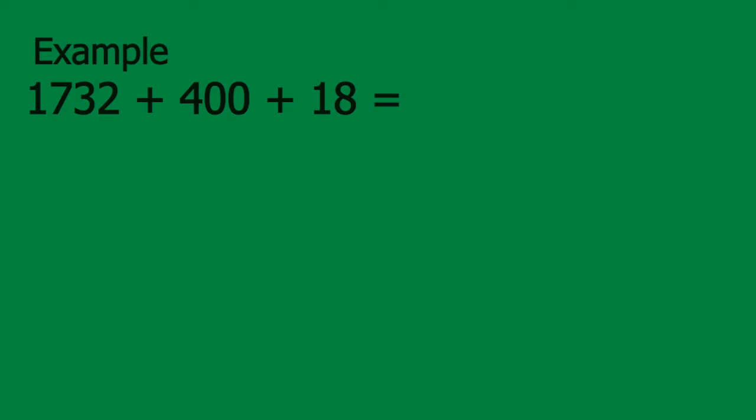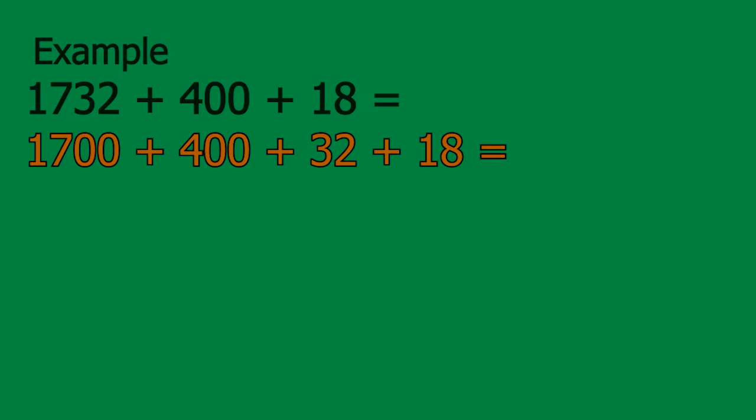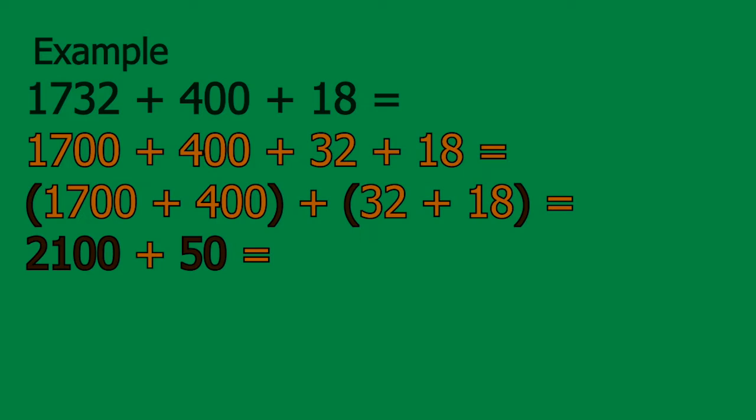Instead of having this original problem, let's rewrite it as 1700 plus 400 plus 32 plus 18. I basically just took the 32 out of 1732 and put it separately. Now that gives us 2100 plus 50. So we know that when we add all those numbers together, it's actually 2150. Now that works for addition.